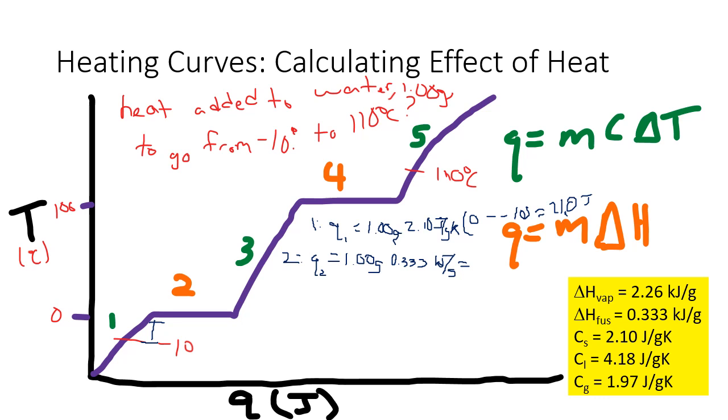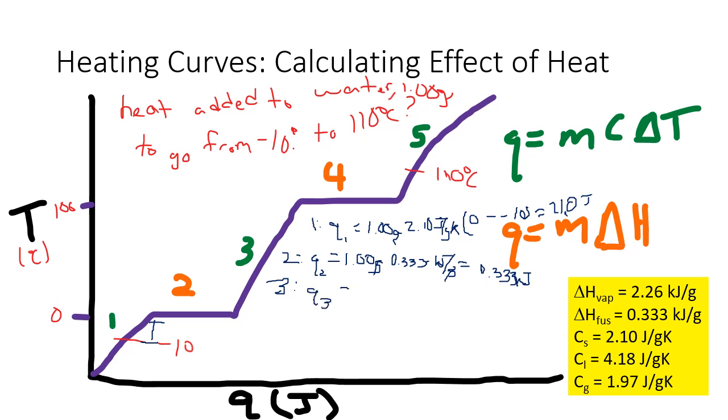All right, so our grams balance out, we get kilojoules, and it is just the same thing that we came in with numerically, not unit-wise, right? So it's 0.333 kilojoules. Then we move on to our third calculation.